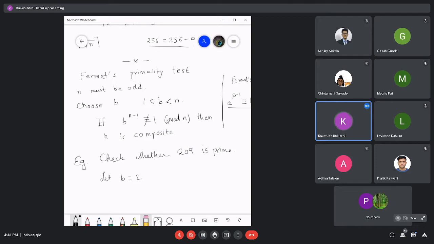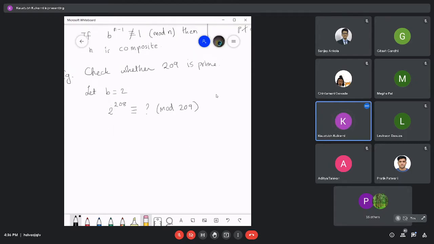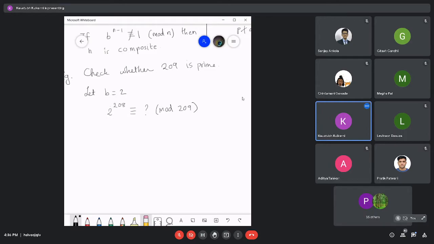Now what do we want to find? 2 to the power 208 is congruent to what modulo 209? Let's say x, so x is congruent to what modulo 209.